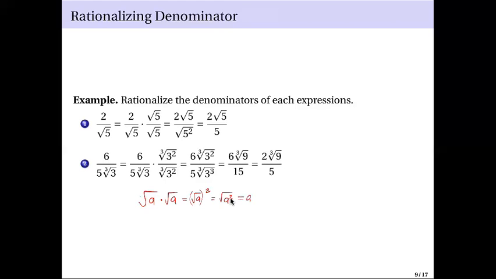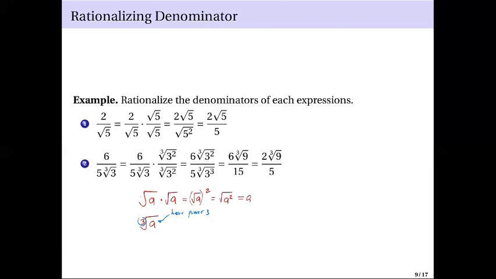Same thing for the cube root. You have cube root of a. In order to cancel this 3, your a must have power 3. But a only has power 1, so we need 2 more powers.